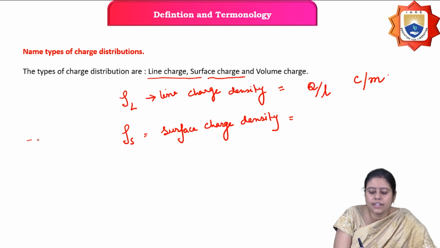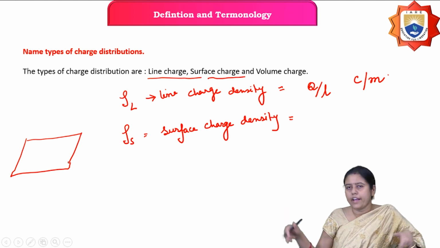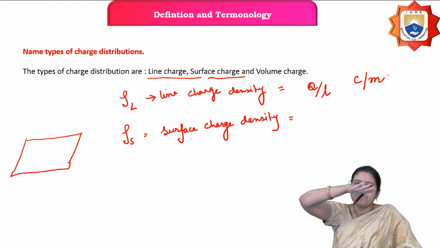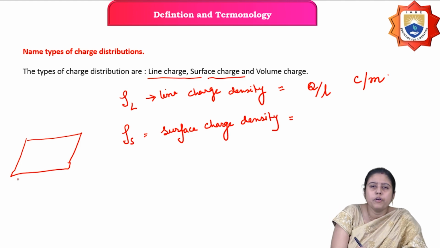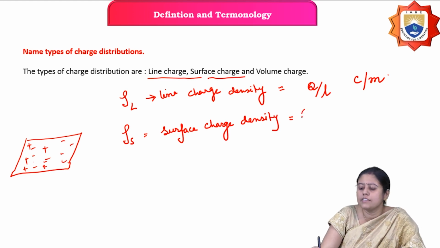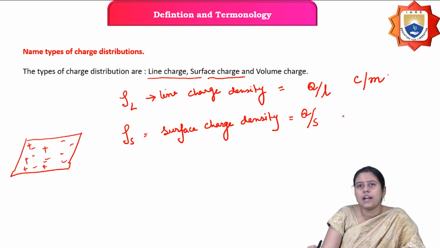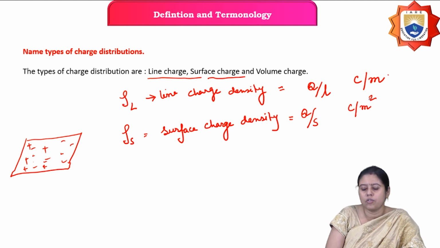In 3D, there are three types of surfaces: the XY plane, the YZ plane, and the ZX plane. If we take any surface, then the surface has charge in it. So if the total charge is Q, then Q by S is equal to the surface charge density. And the unit is Coulomb per meter square.